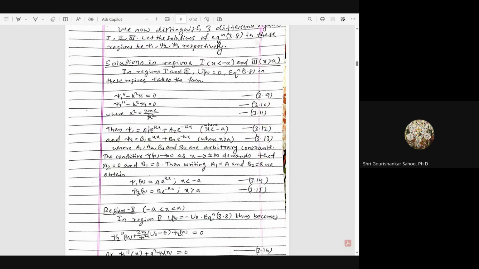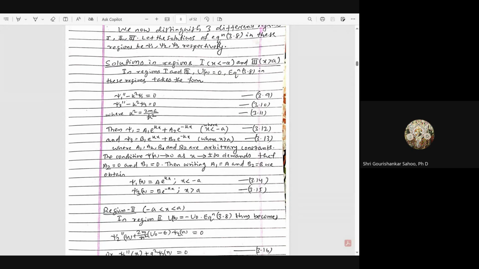Consider the solution in region 1, where x is smaller than minus a, and region 3, where x is greater than a. In these regions U is equal to 0, as I told you earlier. So psi 1 double dash minus k square psi 1 is equal to 0, and psi 3 double dash minus k square psi 3 is equal to 0, where k square is equal to twice m epsilon by h cross square.